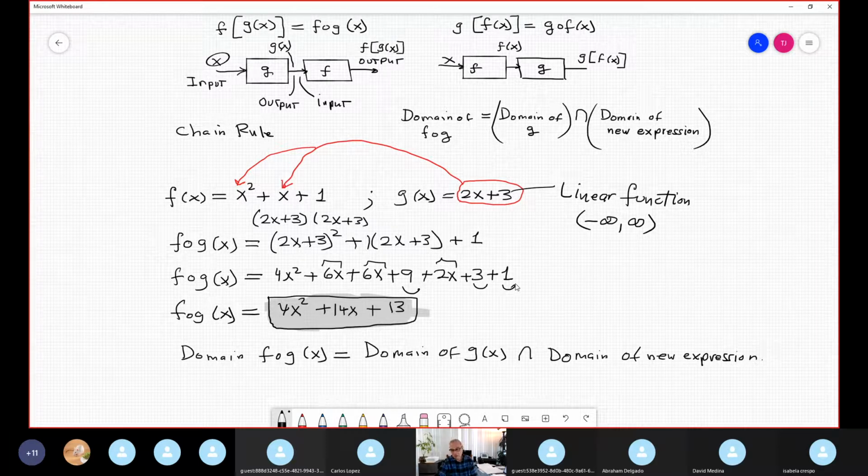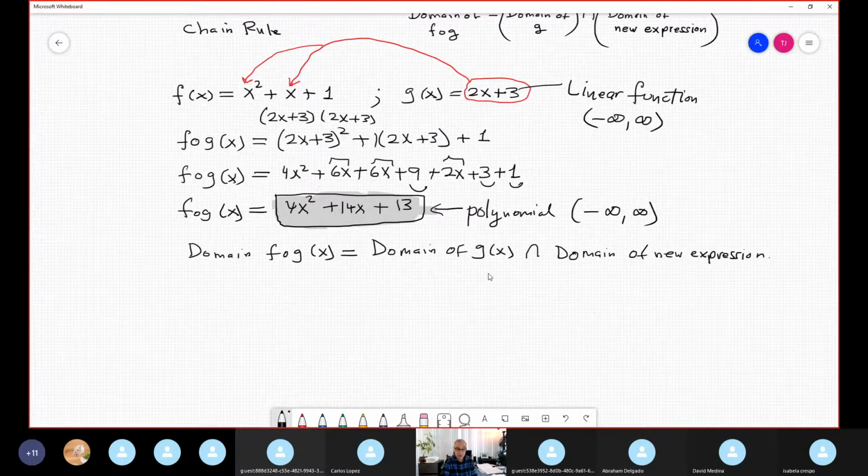Or not exactly square roots, any root with an even index, 4th root, 6th root. But okay, the most popular is square root. And the new expression is also a polynomial. Therefore, the domain is all real numbers. So we have no problem, we have no restriction, both sets are all real numbers and the intersection is all real numbers.